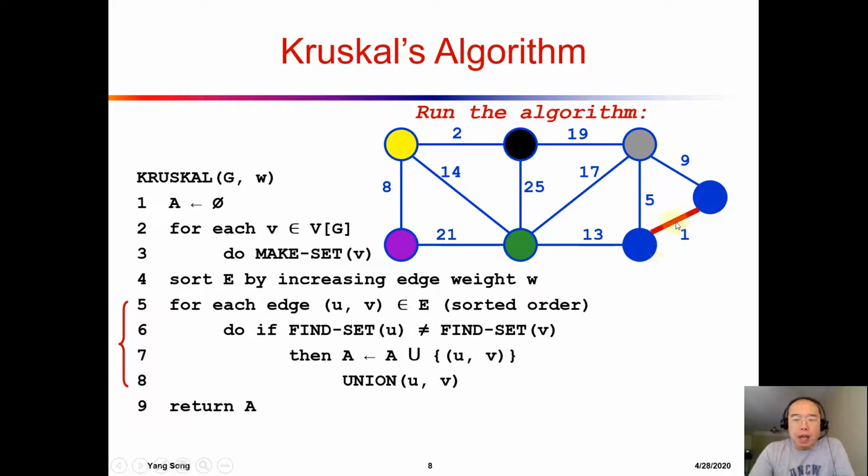I'm using the red color to highlight this edge, because this edge will become part of the minimum spanning tree. And I'm also going to color those two nodes with the same color blue, saying now, since they are already unioned, they belong to the same set.